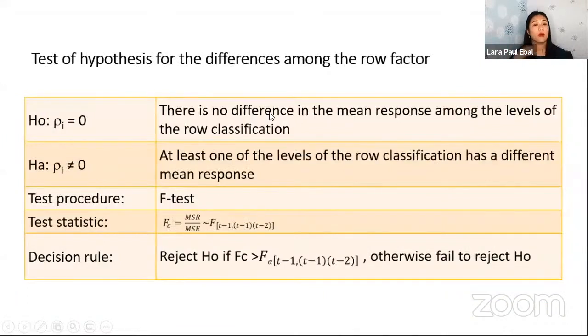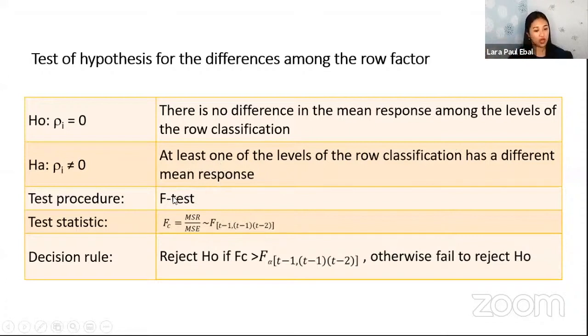Aside from testing for the treatment means, we also have to test for the differences among this row factor, the block 1. You can use this notation, rho i equal to 0 for your H0. So there is no difference in the mean response among the levels of the first block or the row classification. And then HA, at least one of the levels of the row classification has a different mean response, at least one different from the rest.